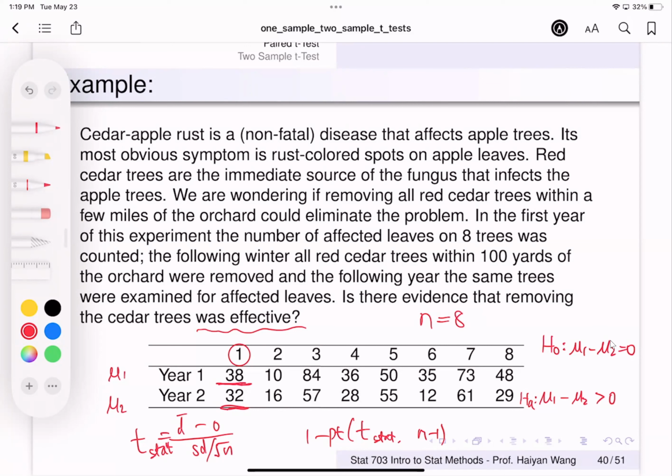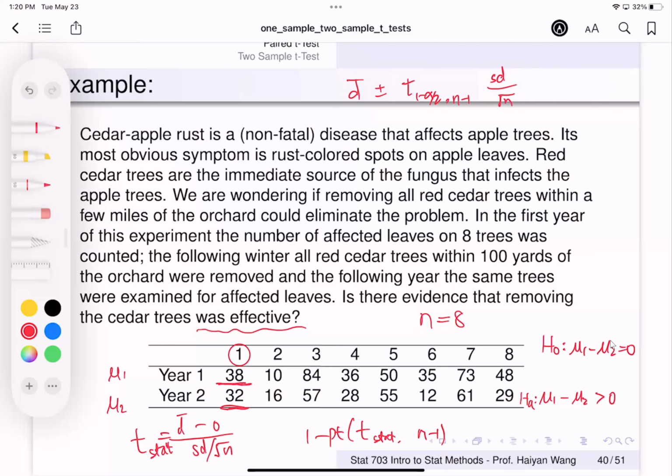If we use the confidence interval approach, we would use d bar plus or minus the t critical value, the 1 minus alpha over 2 percentile with n minus 1 degrees of freedom, times the SD of the differences divided by square root of n to get a confidence interval.